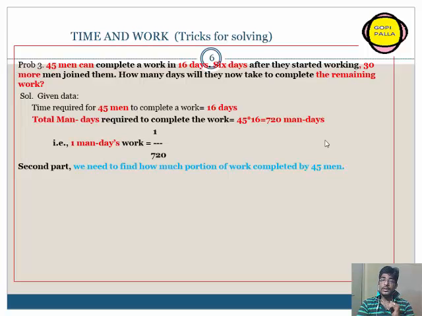Now we'll go into the second part of the question, because they have worked for 6 days. 45 men have worked for 6 days. We have to find how much portion of the work they have completed in 6 days.